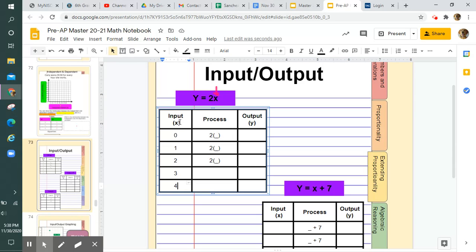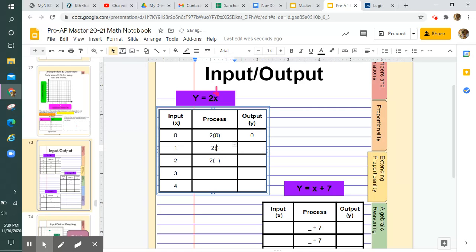In this first one, we're saying that the input, the x, is 0. So instead of x, I'm going to put 0 in here. So 2 times 0, and 2 times 0 is 0. For the next one, again, I'm going to substitute in for x. So 2 times, instead of x, I'm going to put what x is equal to, and x is equal to 1.